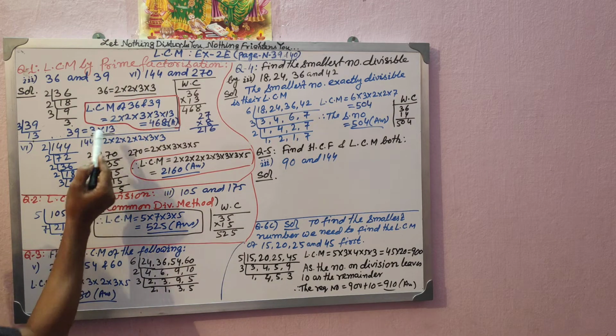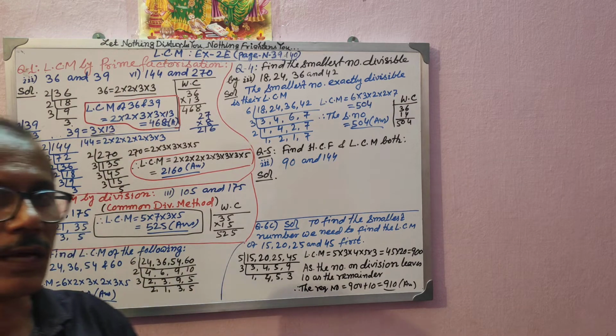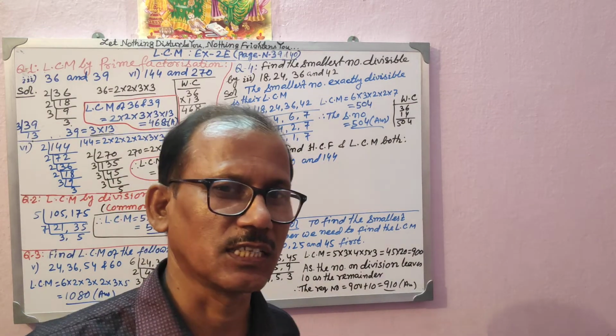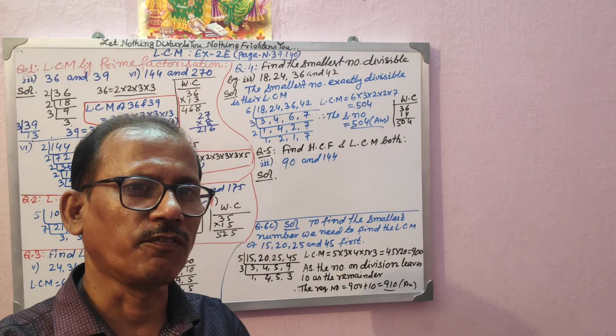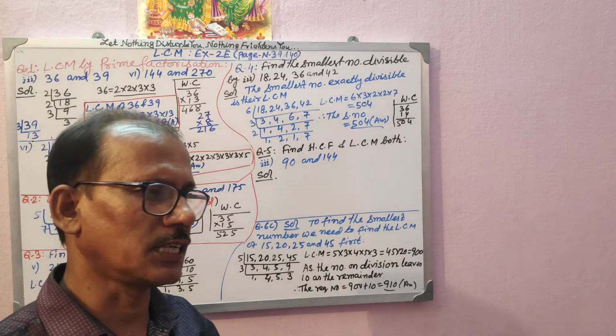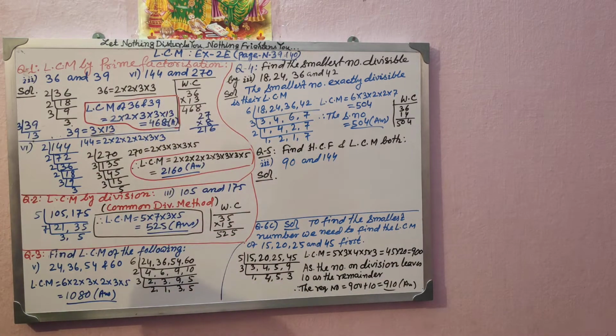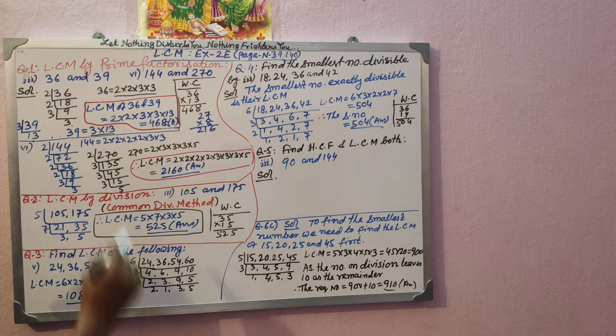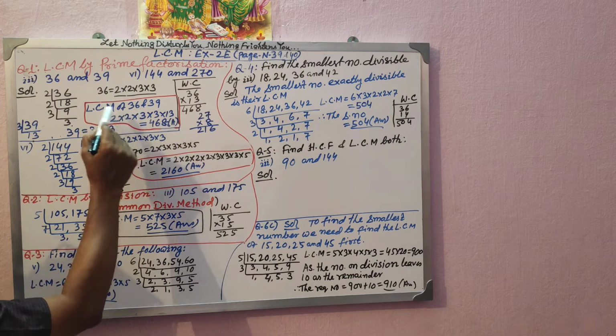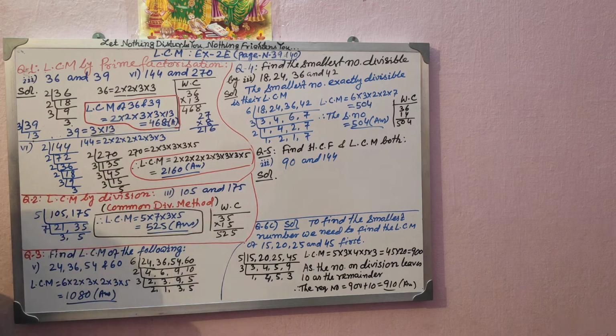In this case 2 is not there. So the prime factor to its highest index means the particular prime factor, in whichever number it has been repeated the maximum number of times, that many times that prime factor has to be picked. So 2 has repeated 2 times, so you have to write down 2 times.